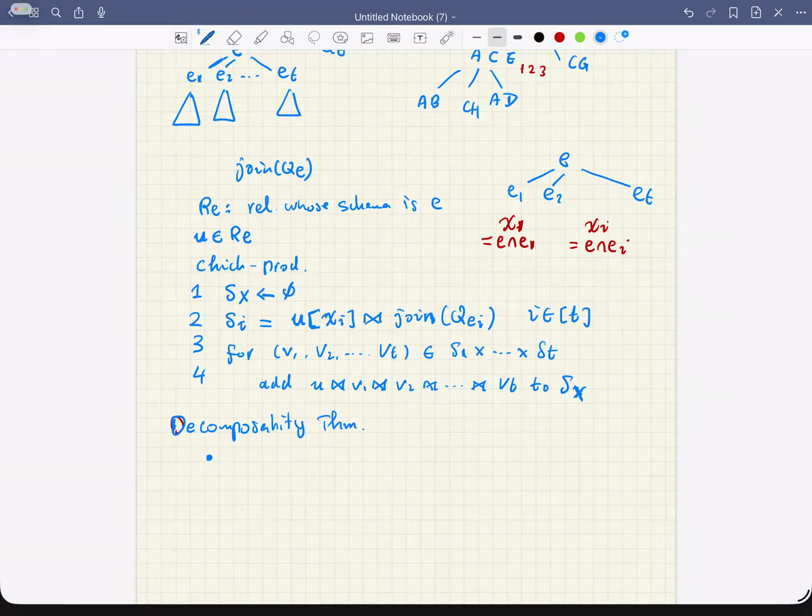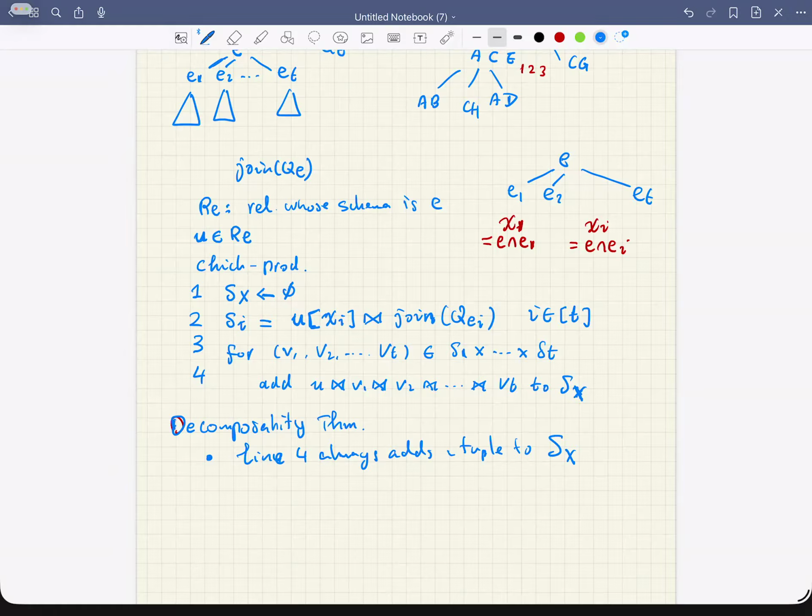So the first statement of this theorem says line 4 always adds a tuple to this Cartesian product. Always. This is important, because if this was not true, you won't be able to do counting. You won't be able to do a lot of things later.